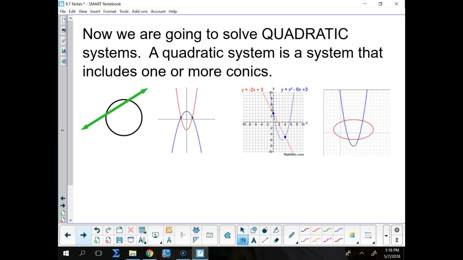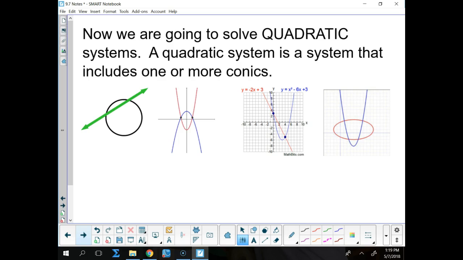Okay? So you might have a circle intersecting a line. How many times could a circle and a line intersect? 2. 1. None. Okay? 2, 1, or none.